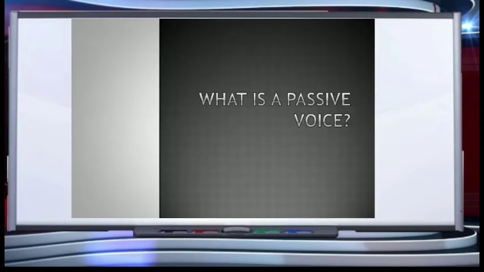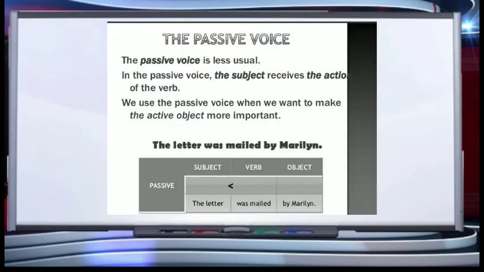Now children, what is passive voice? The passive voice is less usual. In the passive voice, the subject receives the action of the verb. We use the passive voice when we want to make the active object more important.